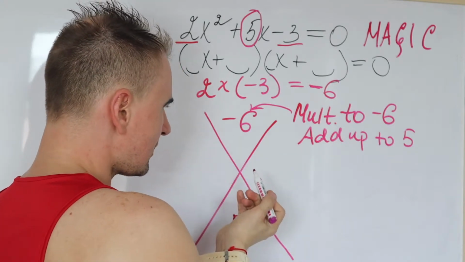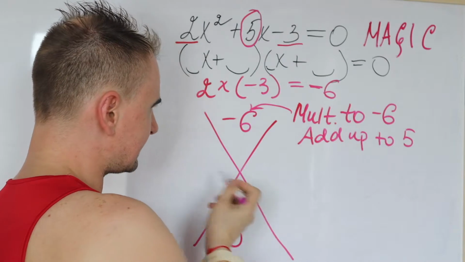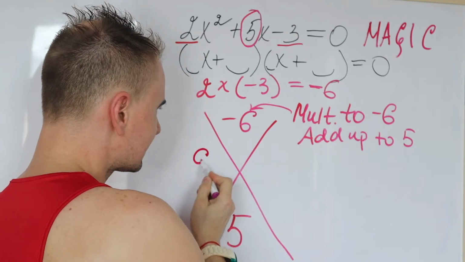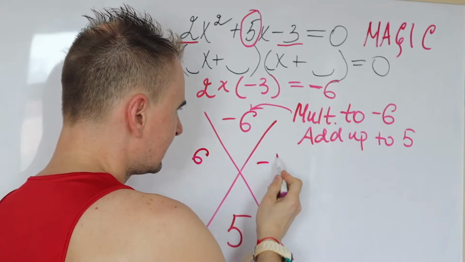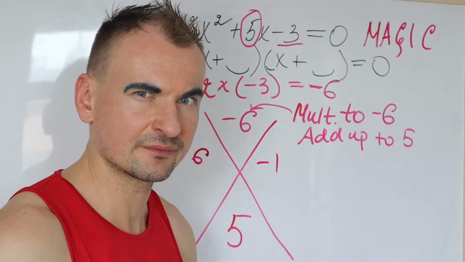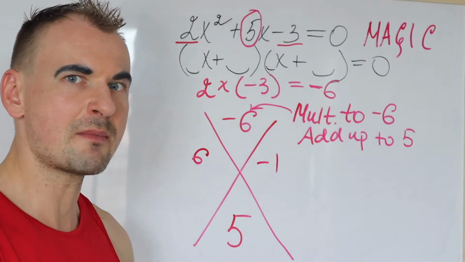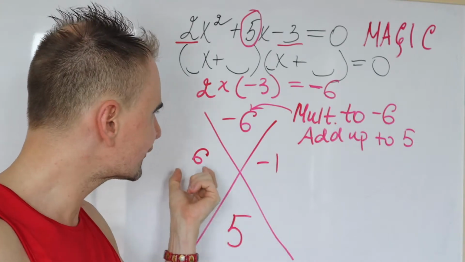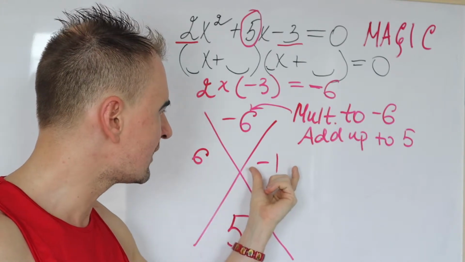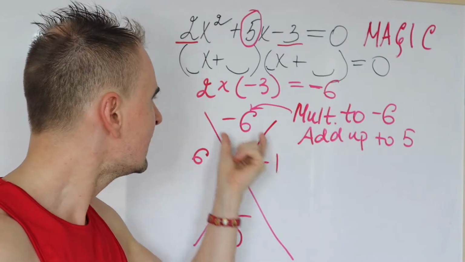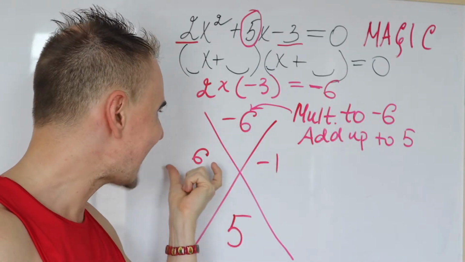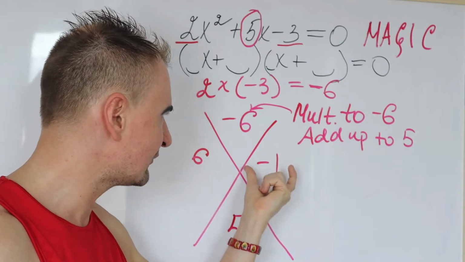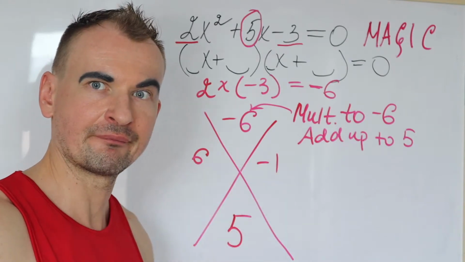In this case, it's going to be 6 and negative 1. You can also come up with these numbers just by observation, because 6 times negative 1 gives you negative 6, and 6 plus negative 1 gives you 5.